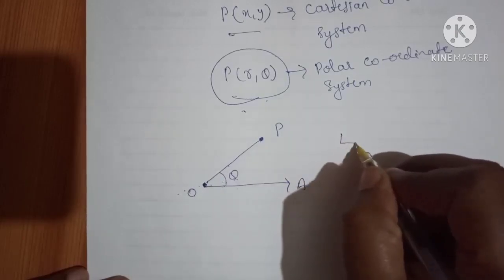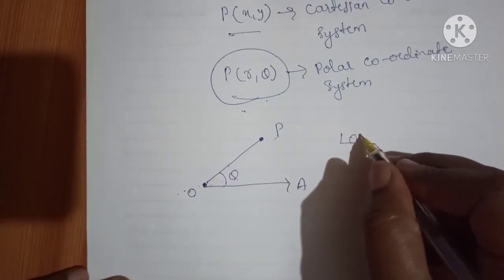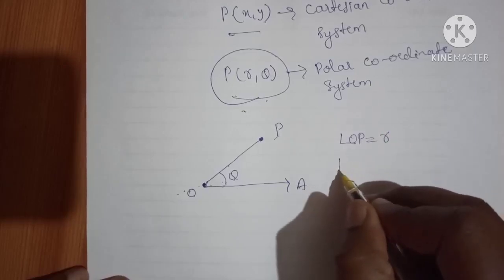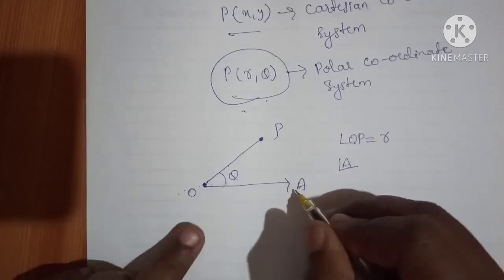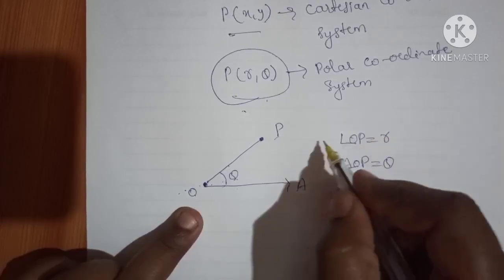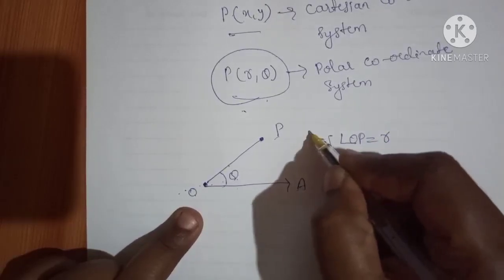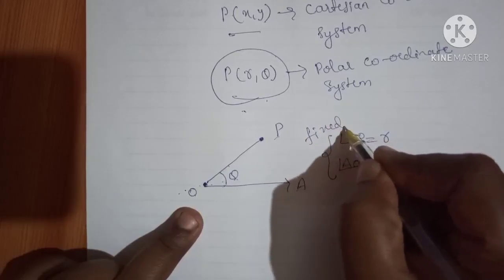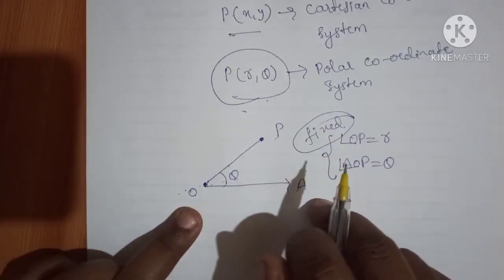Let this distance OP equal r and the angle AOP equal theta. These two quantities are always fixed.